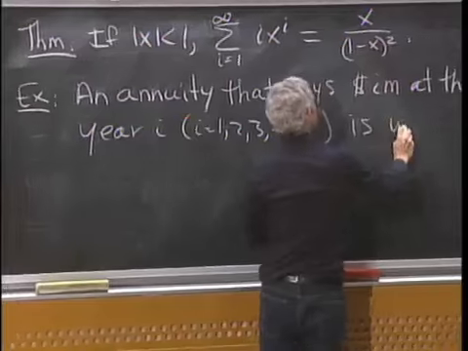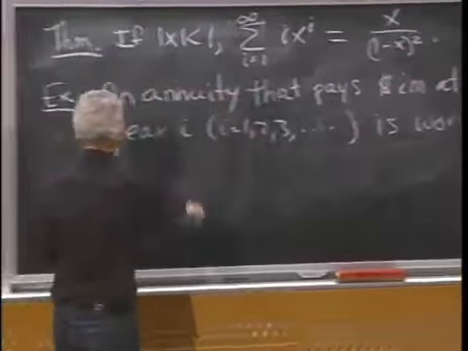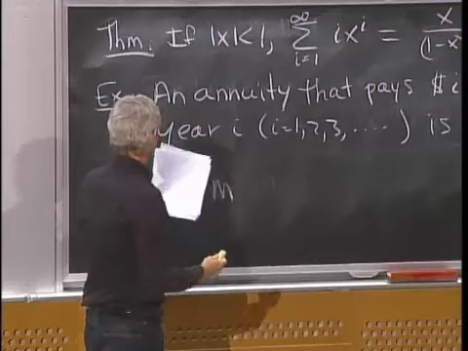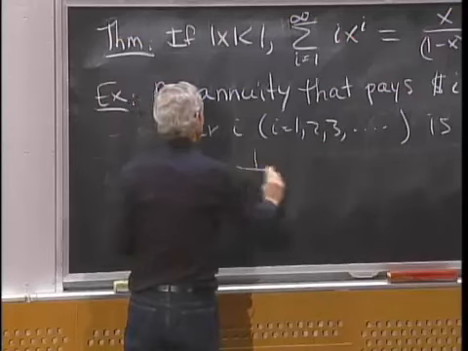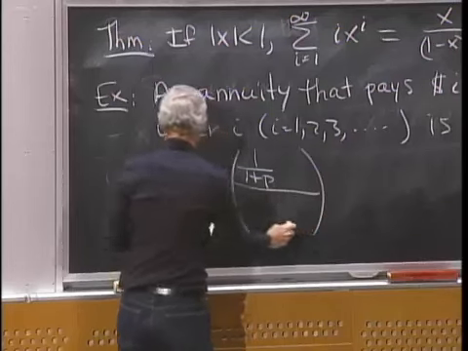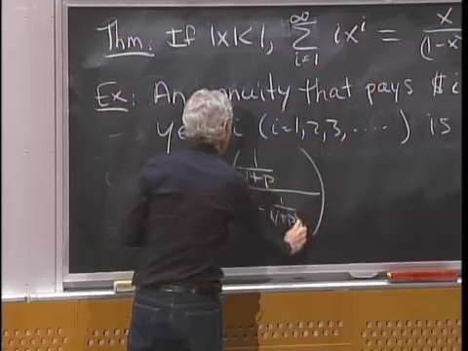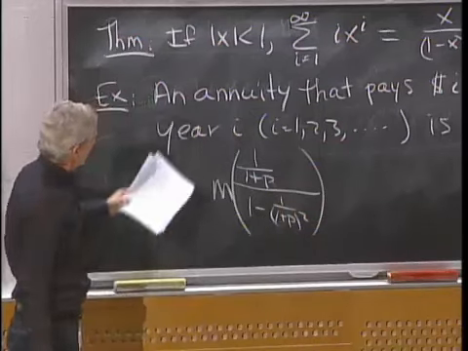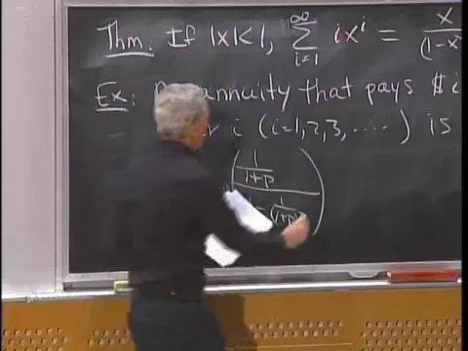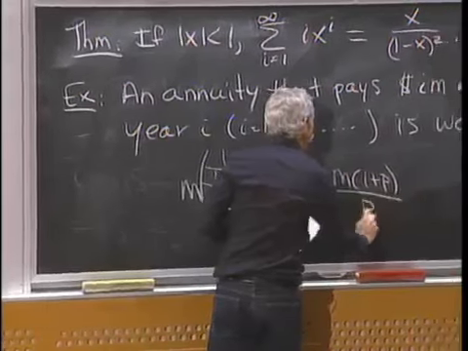This annuity is worth, well, we just plug into the formula. Instead of $1 each year, it's m, so there's an m out front. X is 1 over 1 plus p. And then we have 1 minus 1 over 1 plus p, squared. If we multiply the top and bottom by (1 plus p) squared, we get m times (1 plus p) over p squared.